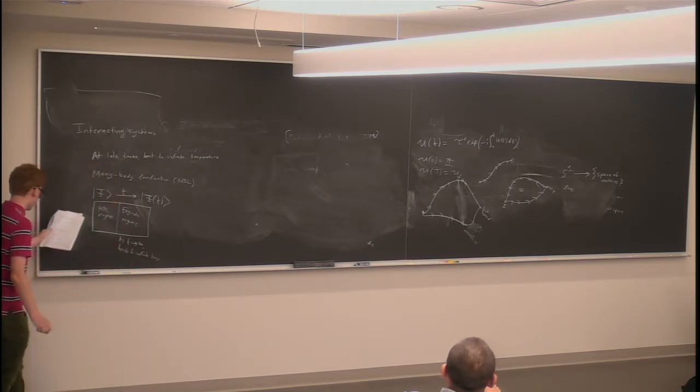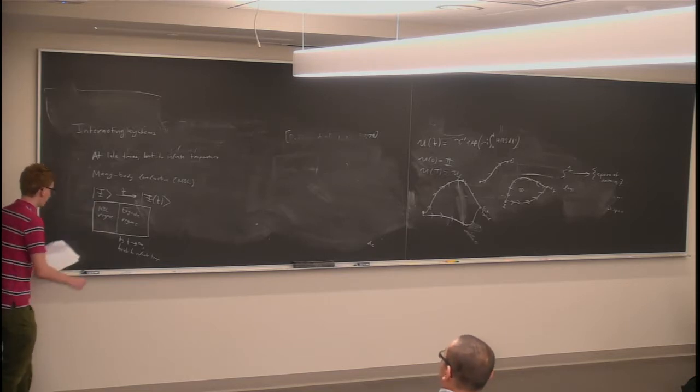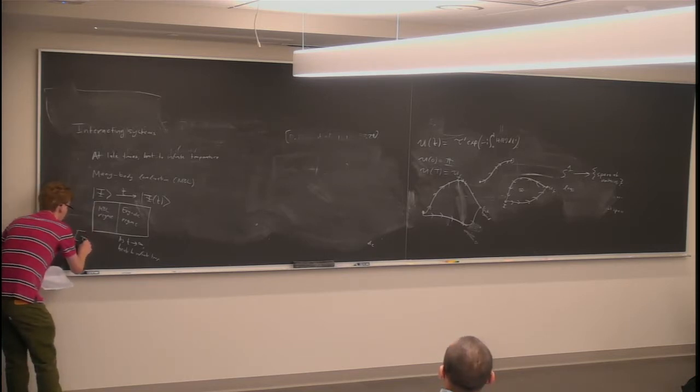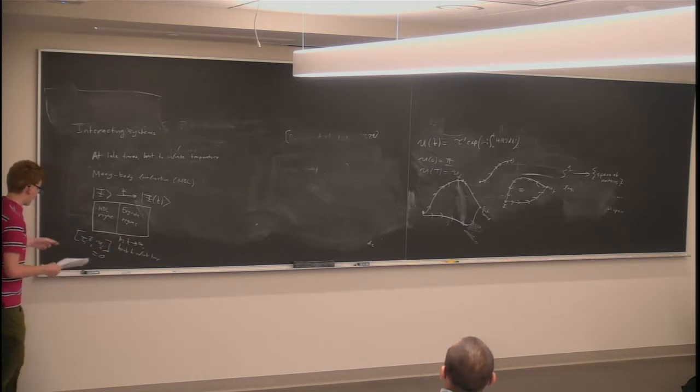In the MBL regime, not only does it not heat to infinite temperature, in fact, there's a complete set of conserved quantities which commute with the time evolution. So there's an extensive set of conserved quantities.